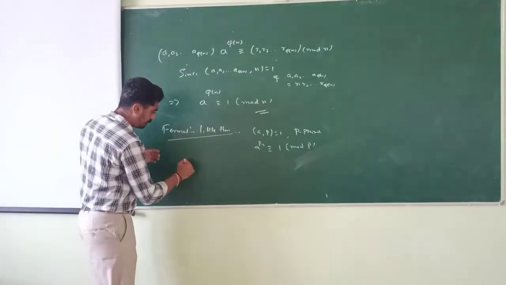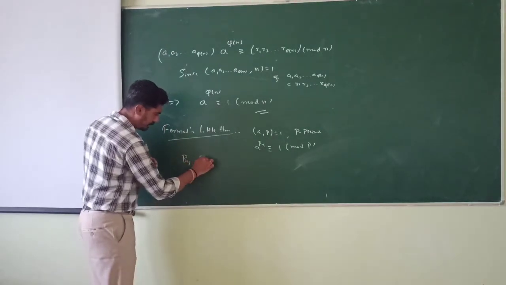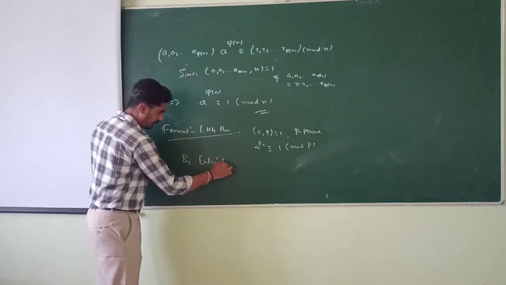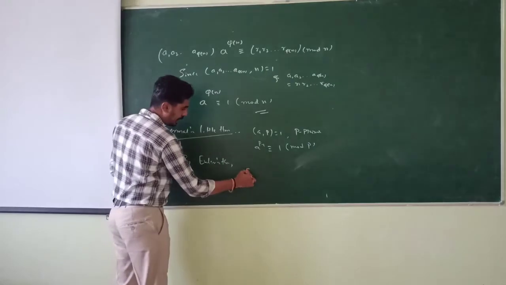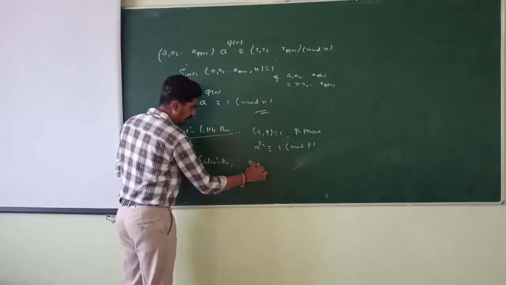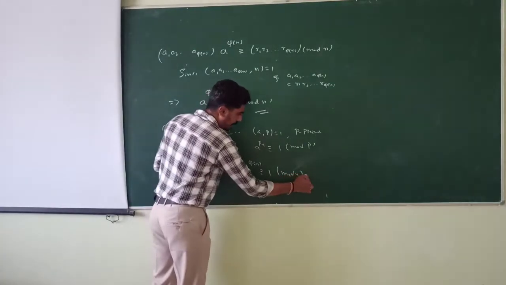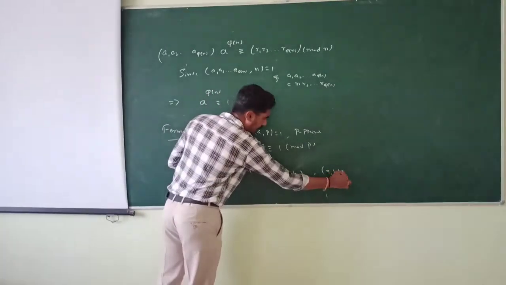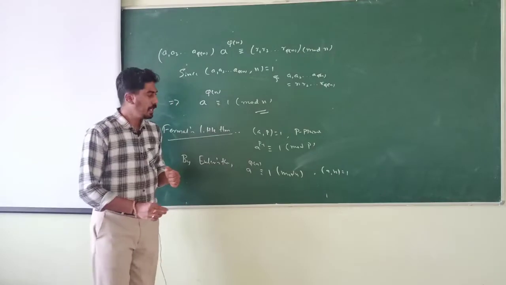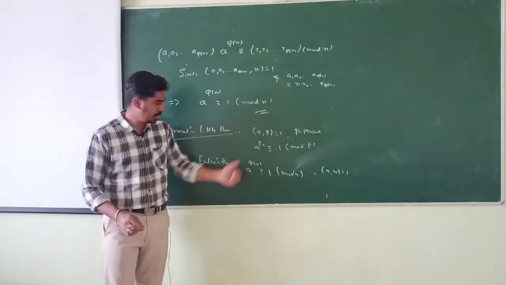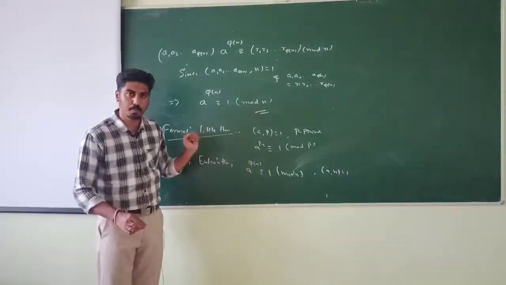By Euler's theorem, we have a to the power of phi of n is congruent to 1 modulo n whenever GCD of a and n is equal to 1. Here the GCD of a and p is 1, therefore I substitute n equal to p here.